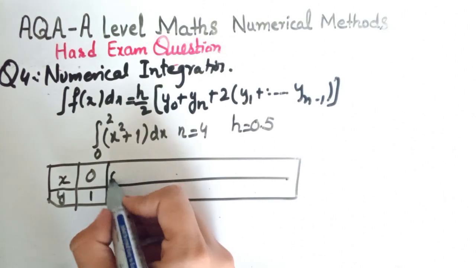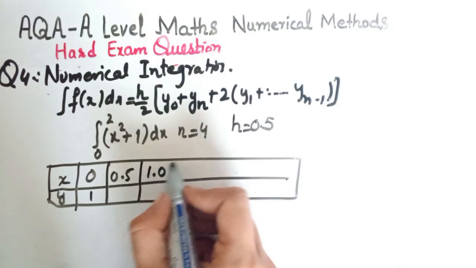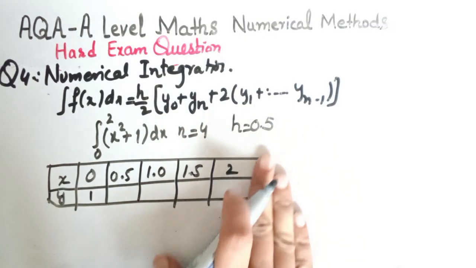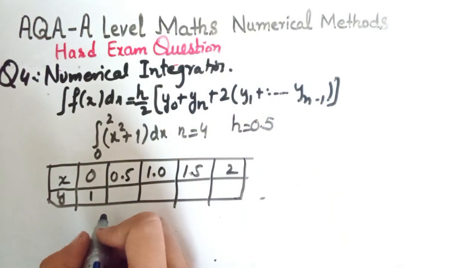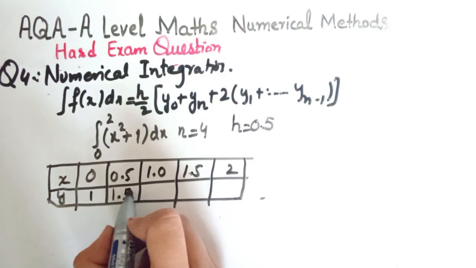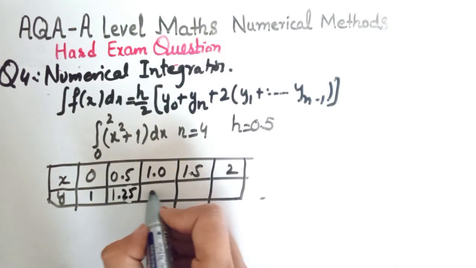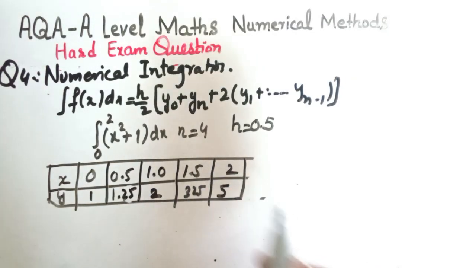Then 0.5, because the class interval is 0.5, that's why we add 0.5 each time. So when we apply 1, we get 2, then 1.5 gives 3.25, then 2 gives 5. So these are the values.